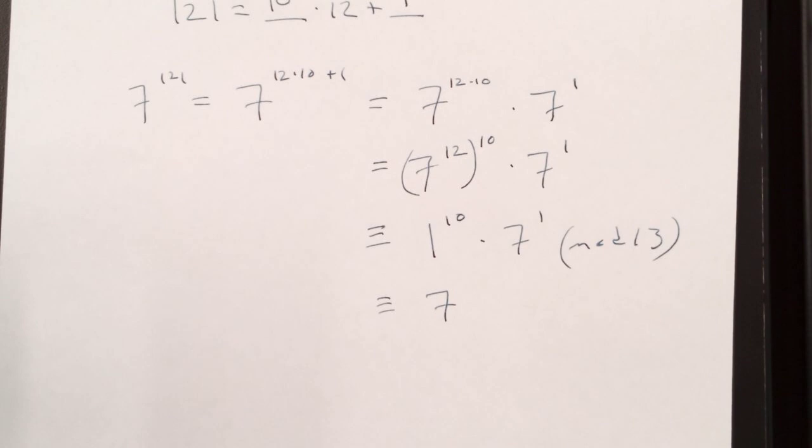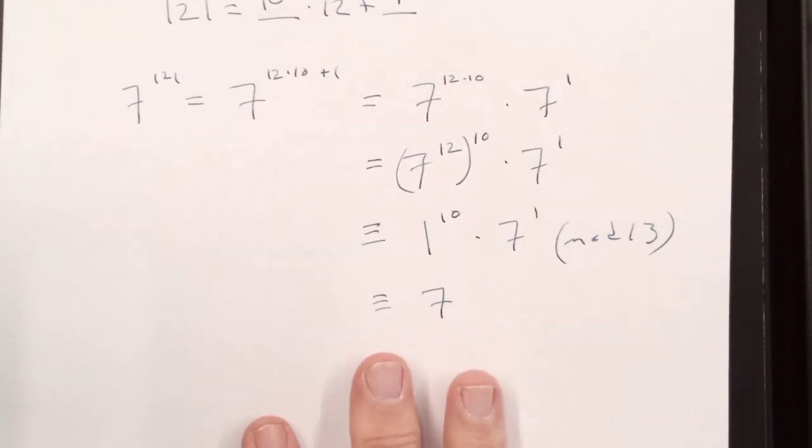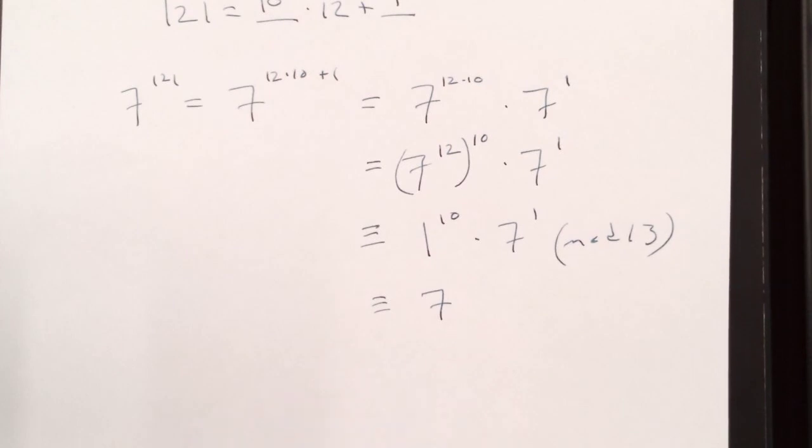When Fermat put this together, he was only looking at what happens when your modulus is a prime. Leonhard Euler came along and said, hey, what if your modulus isn't a prime?